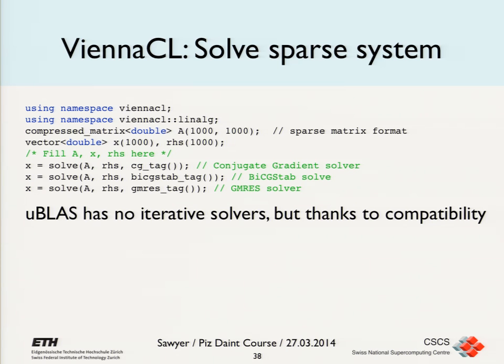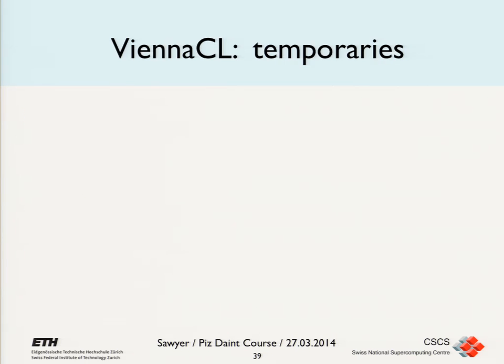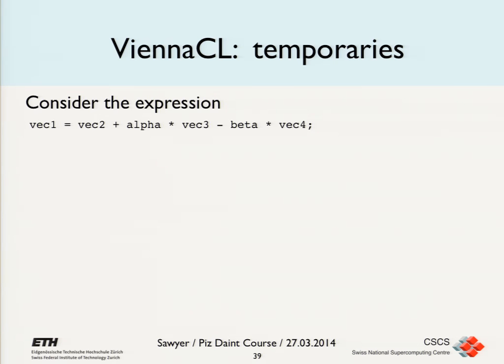However, because they're interoperable, you can still get a uBLAS, a Boost vector out of the calculation, right? So you perform the calculation in ViennaCL, but with a compressed matrix in ViennaCL, your vector, your result, is still a Boost vector. Or your right-hand side, in this case, is a Boost vector. So the whole idea of ViennaCL is therefore to interoperate with existing libraries, which is a very powerful concept.